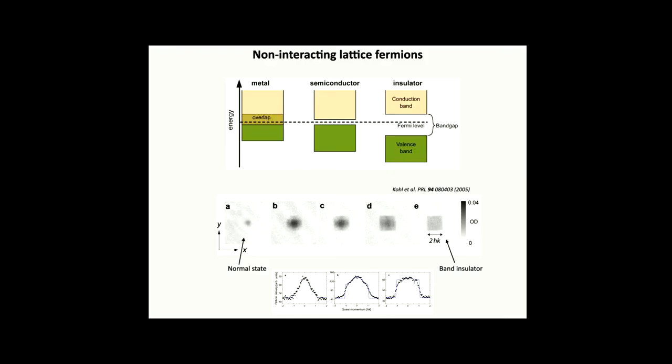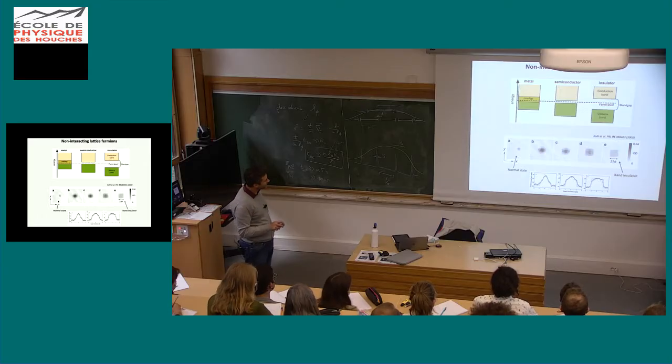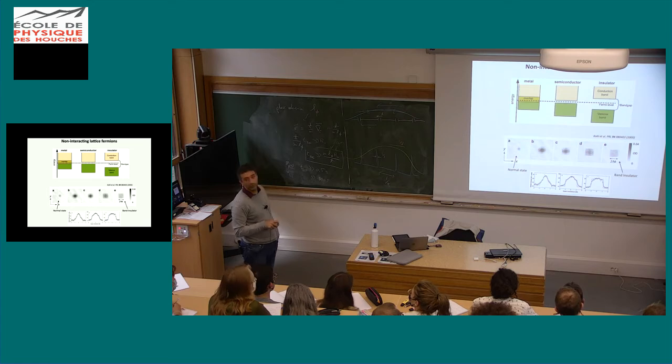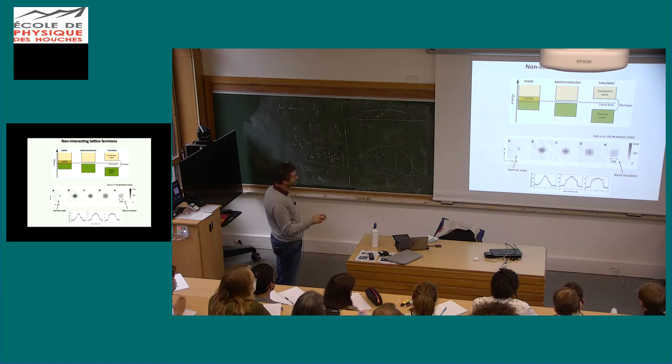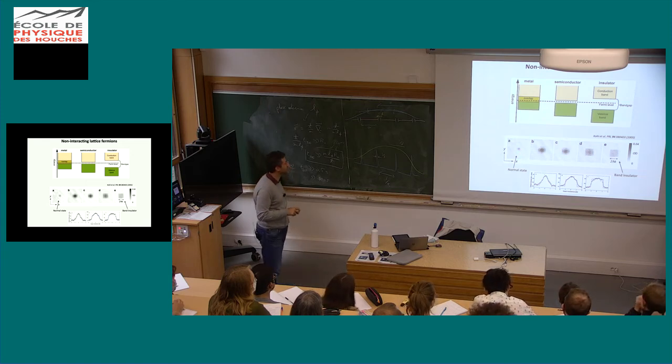So let's go back to the fermions and do the band mapping. This was done by Esslinger's group some time ago now. They were increasing the number of atoms, filling up the band. At the beginning you have only a small number of fermions located at the center of the Brillouin zone, like a conducting state.